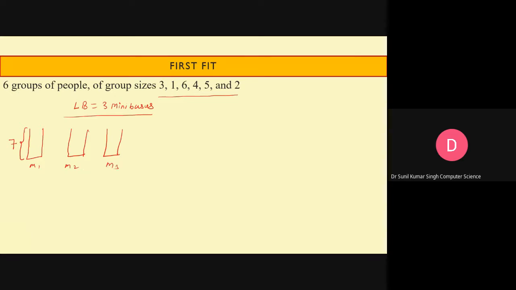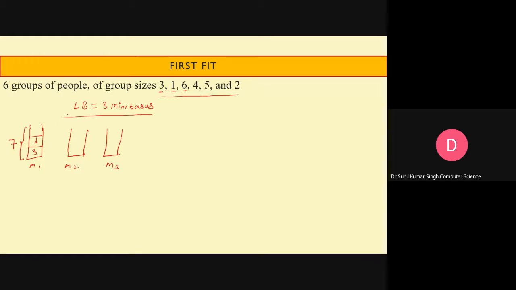And what we have to do is first fit. That means we look at the first group and pack it in the first bus, then look at the next one. So we can pack here. Now how many seats are available? 7 minus 4, that is 3. 3 seats are available. Now next is 6.